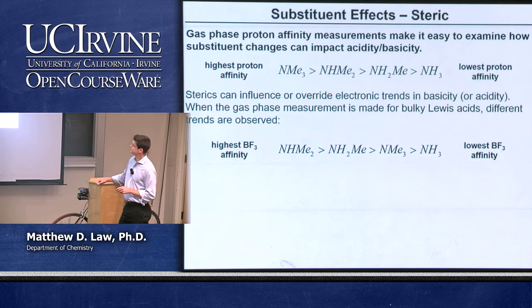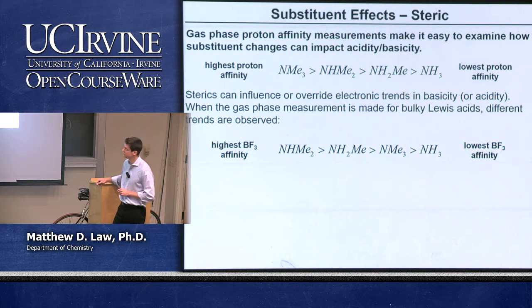It changes. Again, ammonia is the weakest base for interacting with boron trifluoride. But now the trimethylamine is displaced from its highest position here to third. It goes from first to third. And then we have the single methyl and the dimethyl as being now the most basic in interacting with the boron trifluoride.